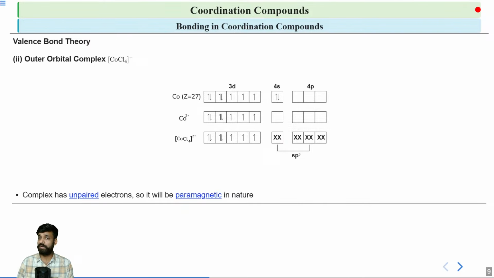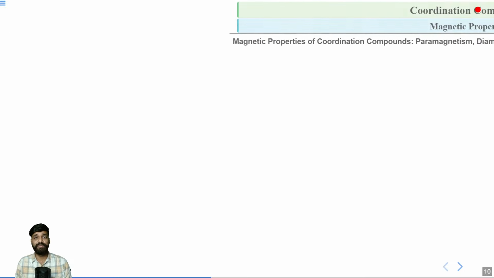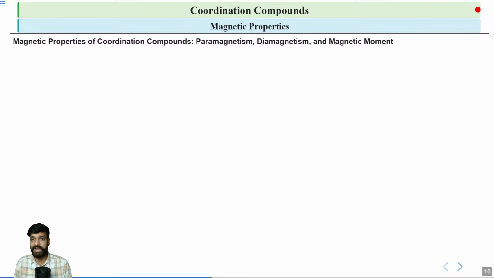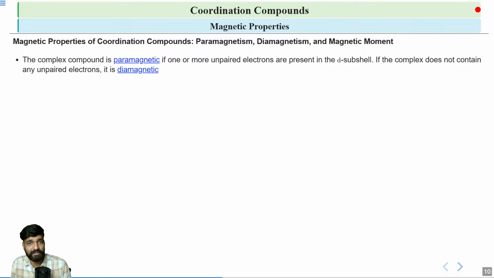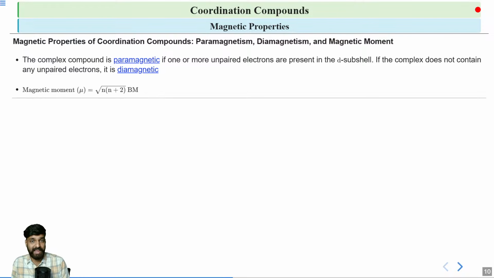So this was all about the tetrahedral complex. Now before moving on to the octahedral, let me just write here what are paramagnetic substances. So they have unpaired electrons in their metal ion, whereas the diamagnetic substances have no unpaired electrons in the metal ion. Okay, and the magnetic moment mu is calculated as root under n into n plus 2.